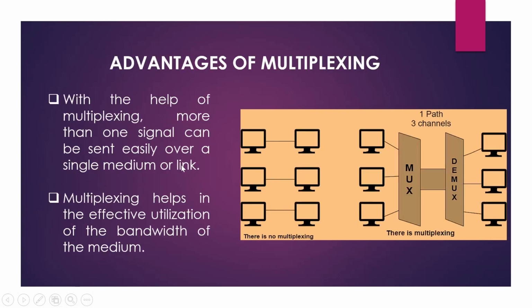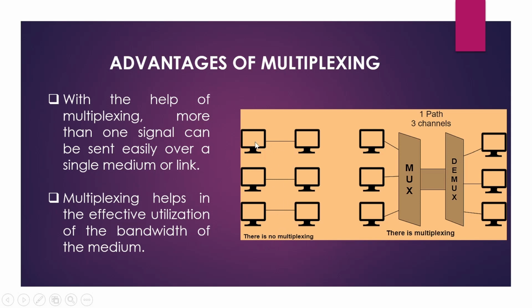So what basically are the advantages? With the help of multiplexing, more than one signal can be sent easily over a single medium or a link, as you just saw in the previous slide. This part of the figure shows you a scenario where we have not used any multiplexing.